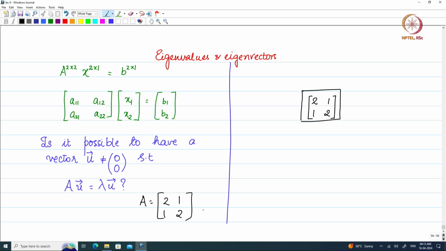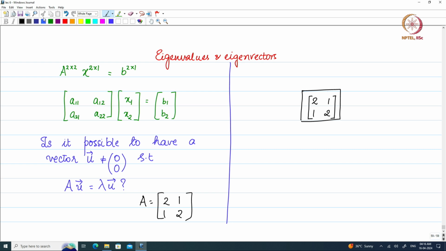Now, this matrix A is going to act on a 2 component vector x, whose components are x1 and x2, to give a vector B which is again a 2 component vector whose components are B1 and B2.